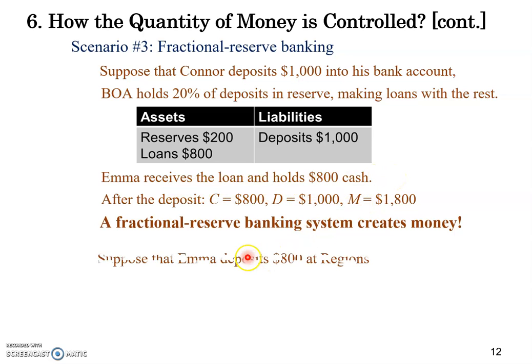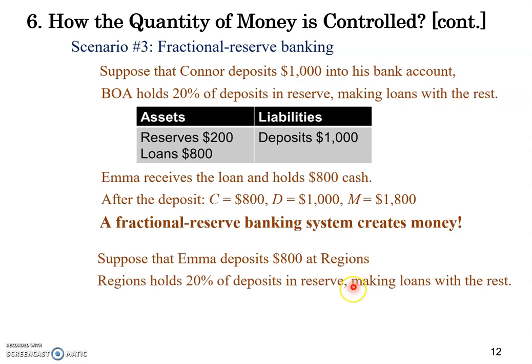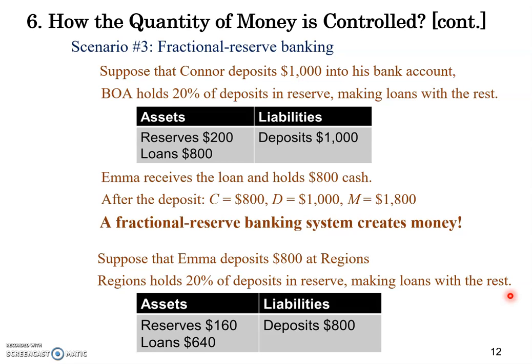It will continue. For example, let's say Emma deposits $800 at Regions. And then Regions holds 20% of the deposit in reserve, making loans with the rest. Now, the Regions balance sheet would look like this.